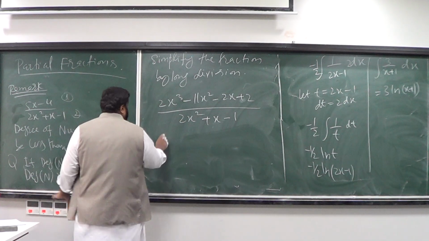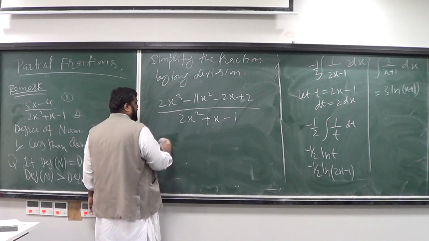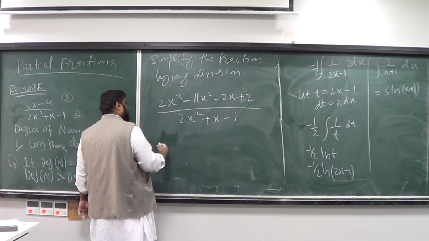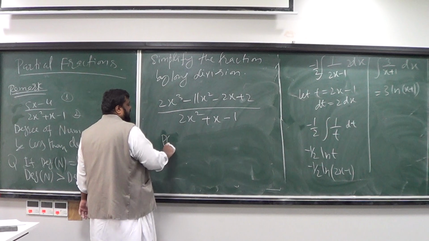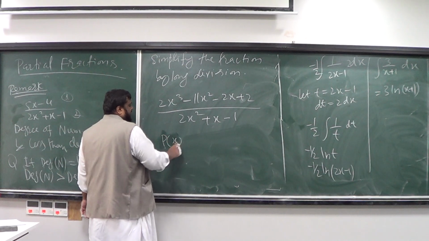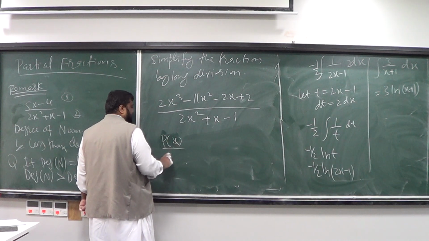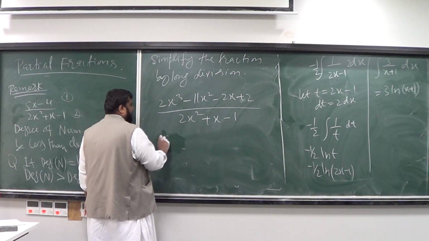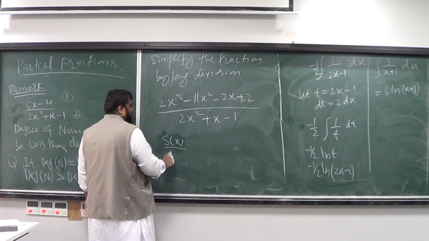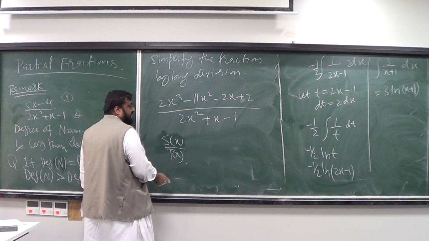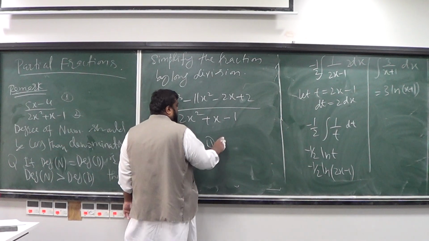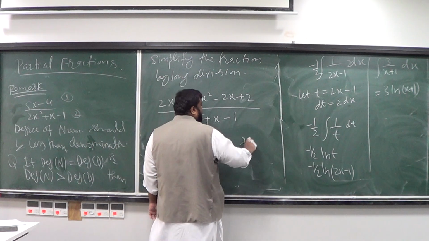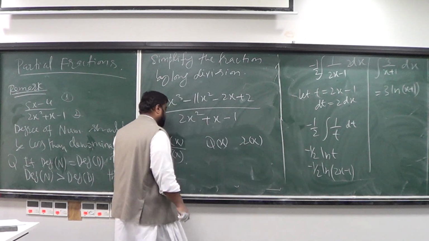So when you have a polynomial, say for example, s of x, divided by t of x, then there will be a quotient polynomial and there will be a remainder polynomial actually.